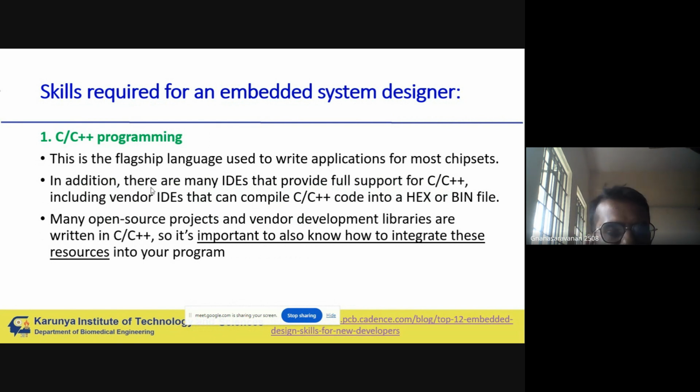For these processors, we have something called embedded C. It is a C program that is exclusively developed or altered to facilitate the functioning, or the programming, of an embedded system.